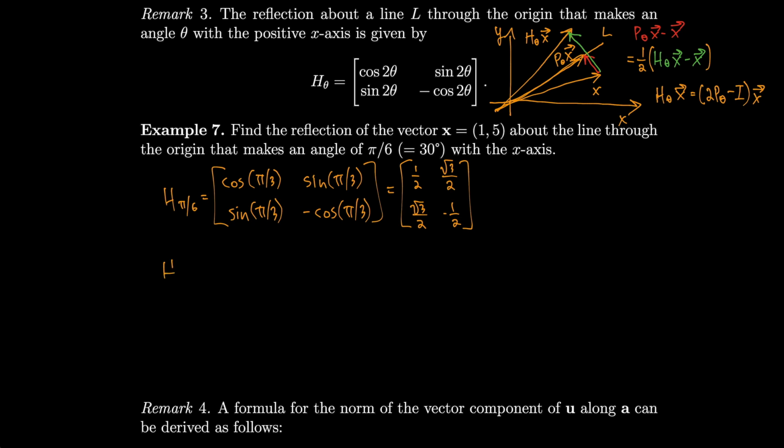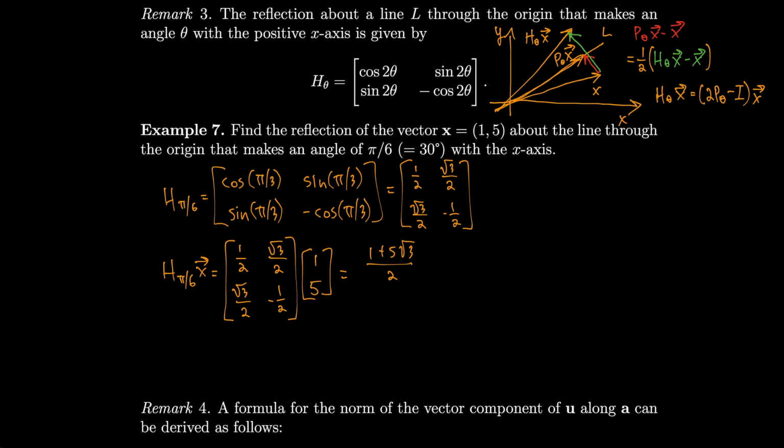Okay, let's apply that to x now. So H pi over 6 times x, that'll be 1/2, square root of 3 over 2, square root of 3 over 2, minus 1/2, times (1, 5). Okay, so that's (1 plus 5 root 3)/2, (root 3 minus 5)/2.